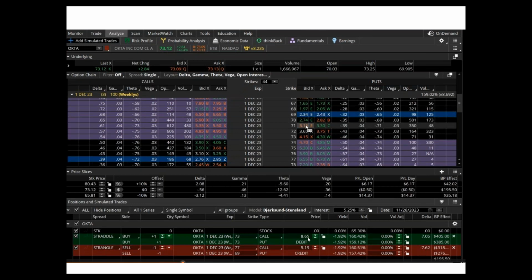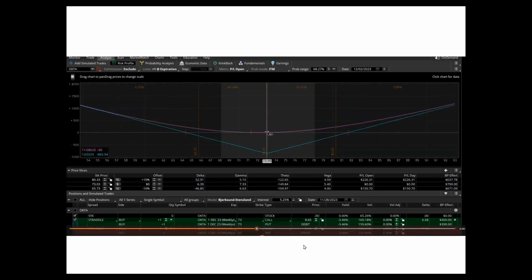Look at the next slide. Here's an illustration of that straddle. This is just the straddle. I thought I grabbed a screenshot of the overall trade.